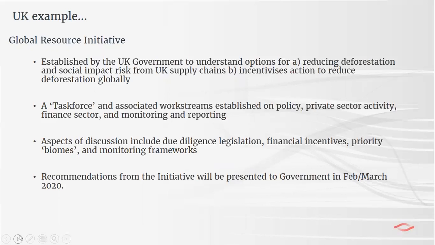So in the latter part of 2019, the UK established a task force to look at this issue, and that via a series of expert-led work streams is discussing the policy frameworks, the private and finance sector activities, and the monitoring and reporting methods that could be utilised within the UK and within the private sector to measure progress towards those objectives.